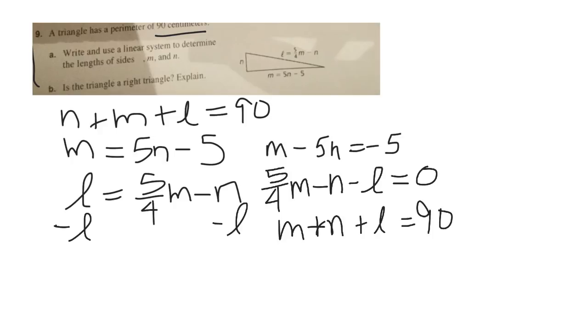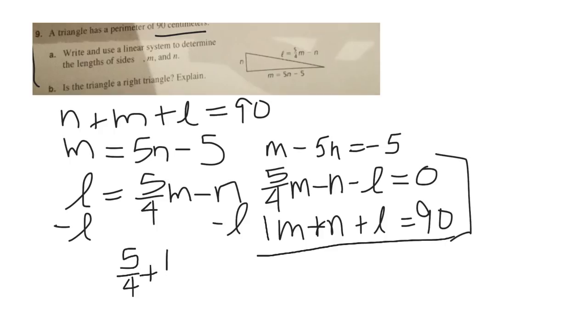Now I can do some elimination here. I can add these two together and get rid of it. And I get 5/4 m plus 1m, so that's 5/4 plus 1 over 1. Multiply by 4 over 4 to get a common denominator. So that's 9/4 m.